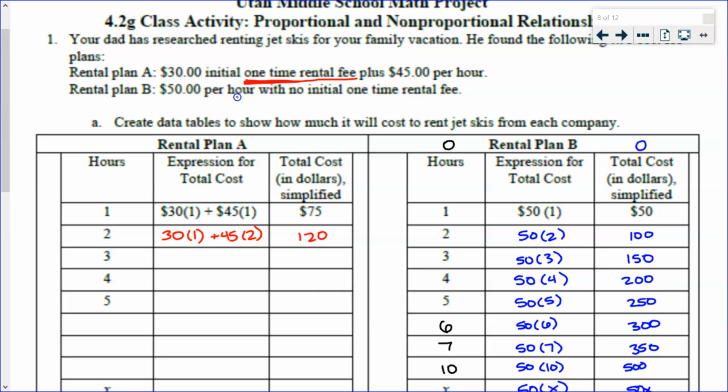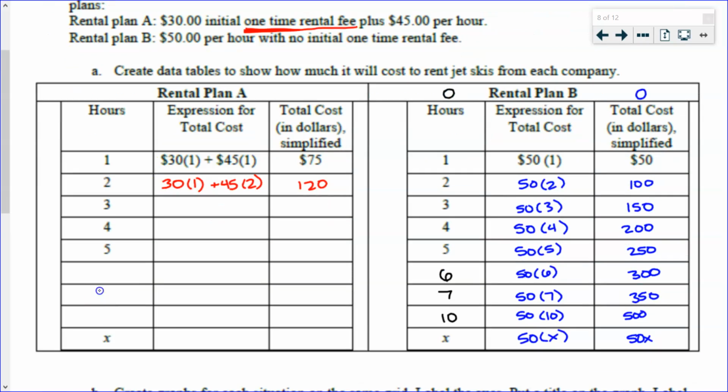Or when you pay your monthly cell phone bill, but you still had to pay for your actual cell phone, right? So all of these one-time fees, they're called different things like initial fee, processing fee, setup fee, startup fee, all sorts of things. But we do encounter this a lot. So with that in mind, let's see if we can fill out the rest of that table. We're going to do the same thing here, 6, 7, and 10.